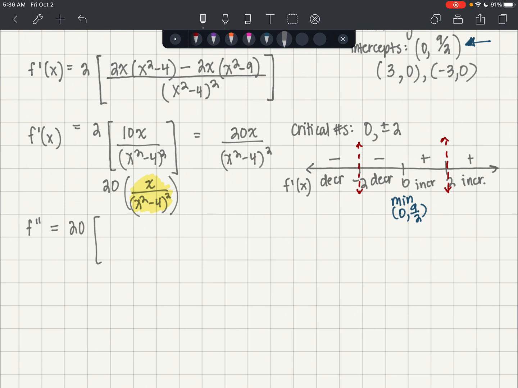So not only the quotient rule, but also the chain rule. So the derivative of the numerator is 1 times the denominator minus the derivative of the denominator is 2 times x squared minus 4 to the first power times the derivative of the inside of that binomial, which is 2x.